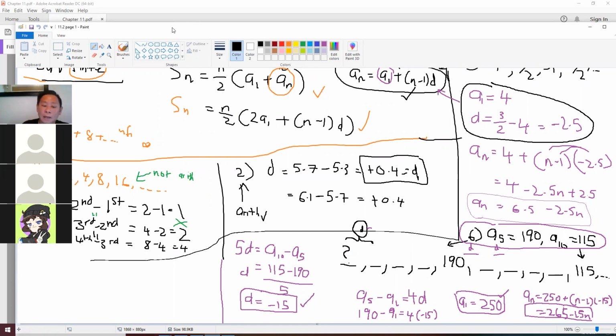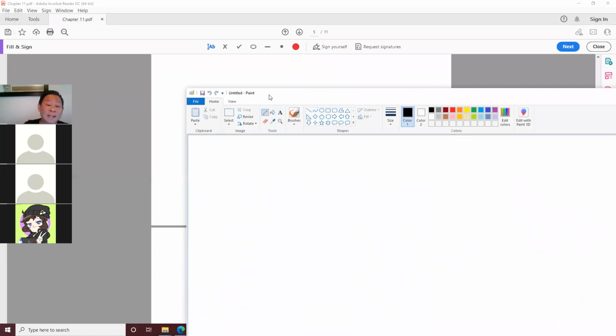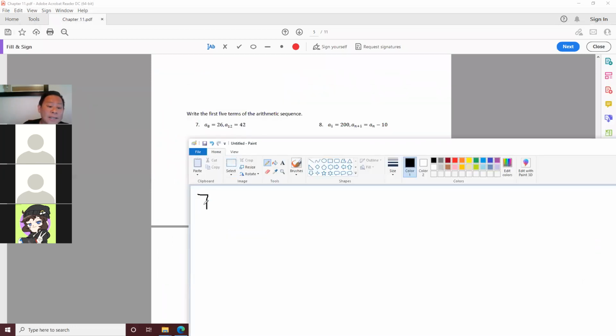But again, I want you guys to practice because this is the kind of question you get in my test. So on question 7, I want you guys to figure out what your D and your A1 are, given that A8 is 26 and A12 is 42. Okay.